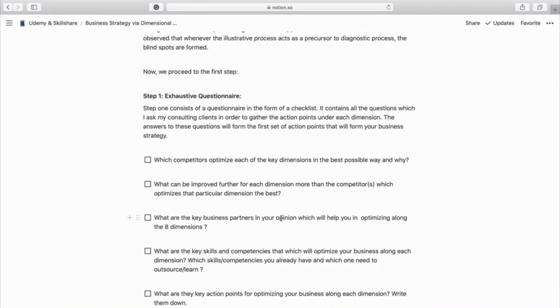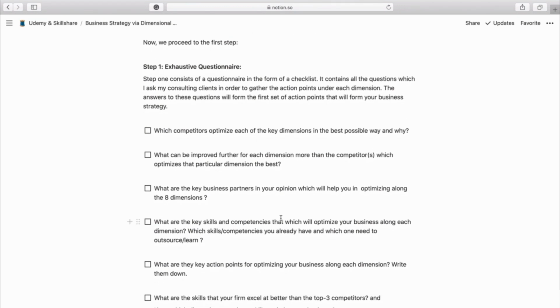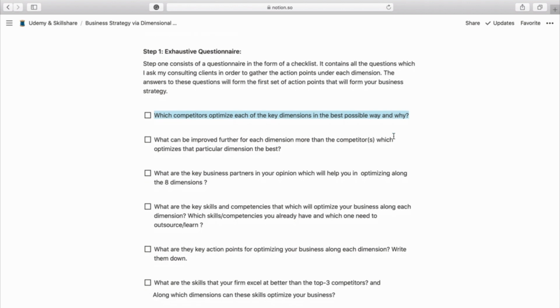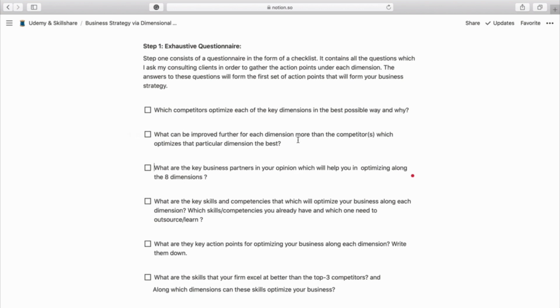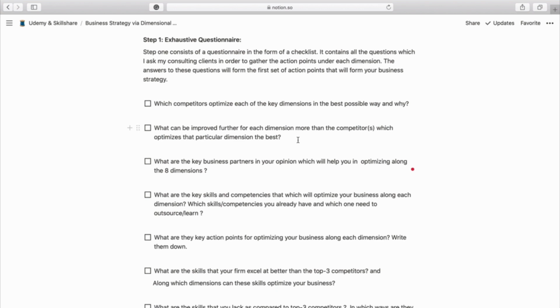So let's go through this screencast, and here are the questions in the questionnaire. Number 1, which competitors optimize each of the key dimensions in the best possible way and why? What can be improved further for each dimension more than the competitors which optimize that particular dimension the best?